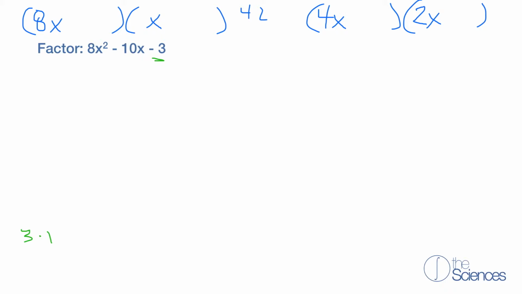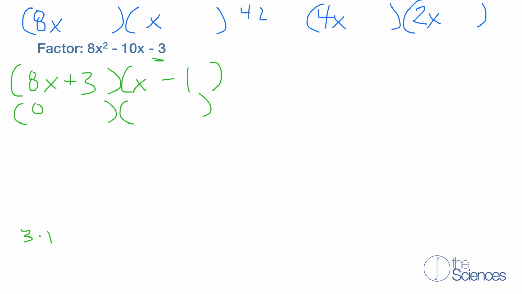So now we're going to try various combinations of these factors. So for 8x, we're going to have 8x plus 3, x minus 1. And we're going to have our reverse, which is 8x minus 3 and x plus 1.